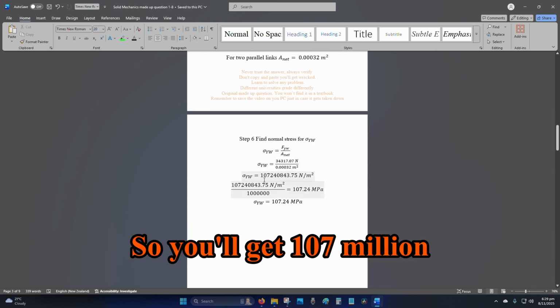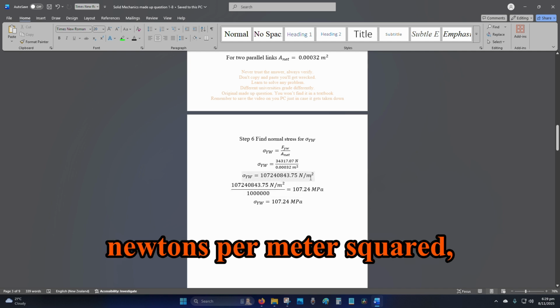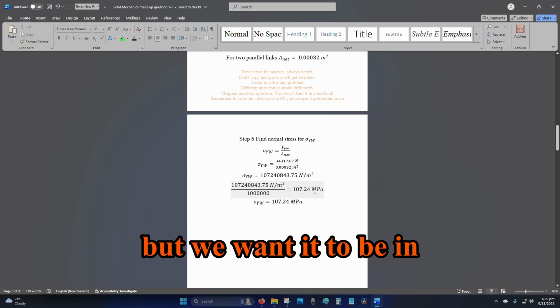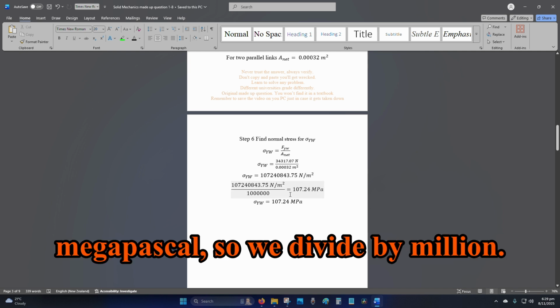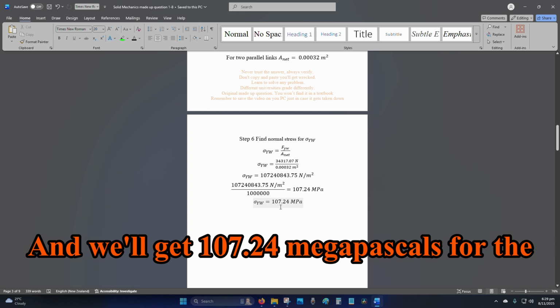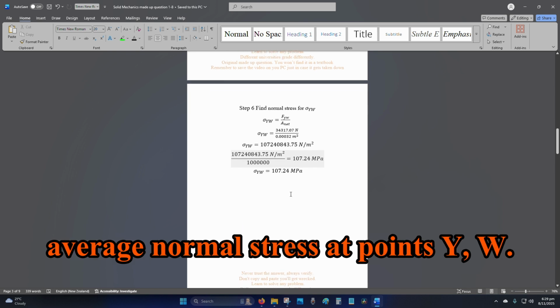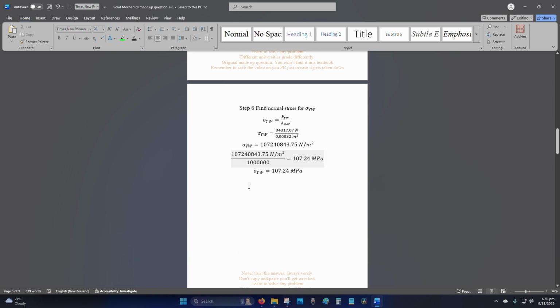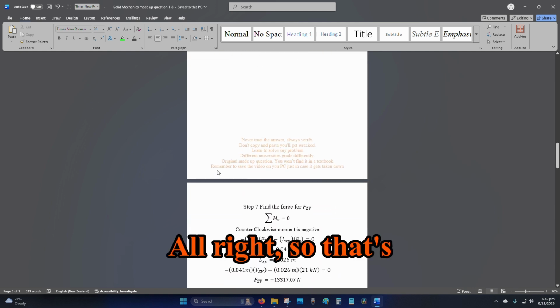So you'll get 107 million newtons per meter squared, but we want it in megapascals, so we divide by a million, and we'll get 107.24 megapascals for the average normal stress at points YW. Alright, so that's part A.